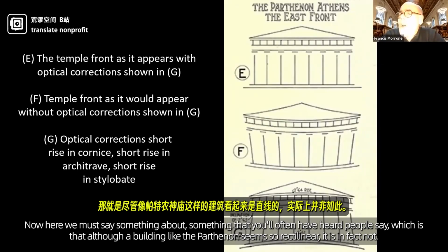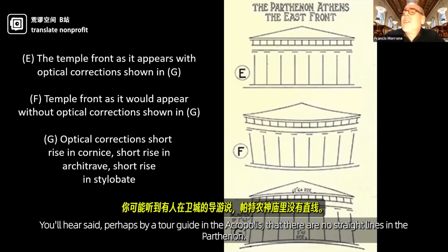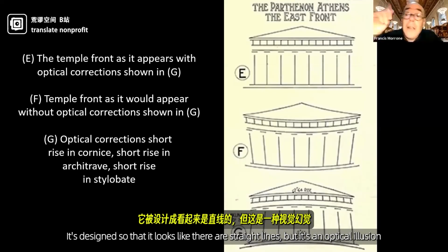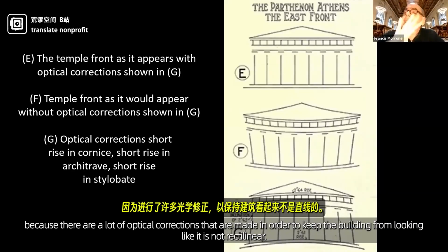Now, here we must say something about something that you'll often have heard people say, which is that although a building like the Parthenon seems so rectilinear, it is in fact not. You'll hear said, perhaps by a tour guide in the Acropolis, that there are no straight lines in the Parthenon. It's designed so that it looks like there are straight lines, but it's an optical illusion, because a lot of optical corrections are made in order to keep the building from looking like it is not rectilinear.